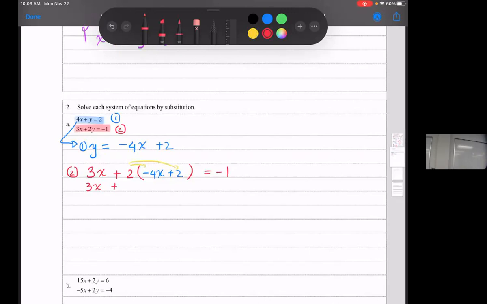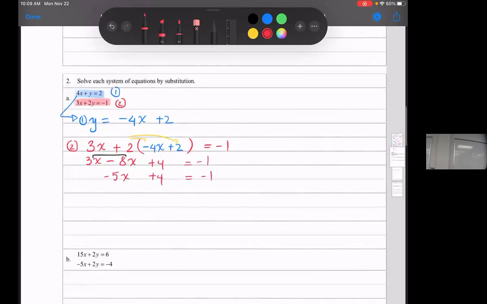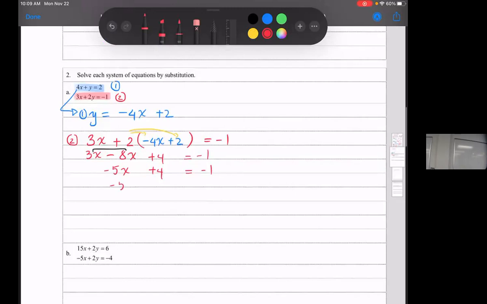I have negative 8x plus 4 equal negative 1. Combine like terms: negative 5x plus 4 equal negative 1. Subtract 4, negative 5x equal negative 5, x equal 1. Is that what you got? Yeah, good. What do I do next?